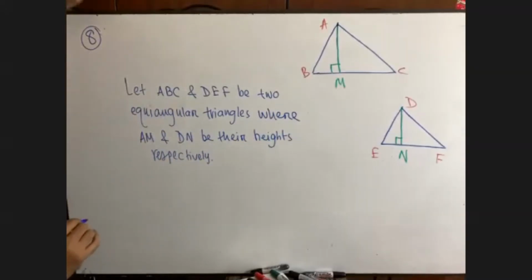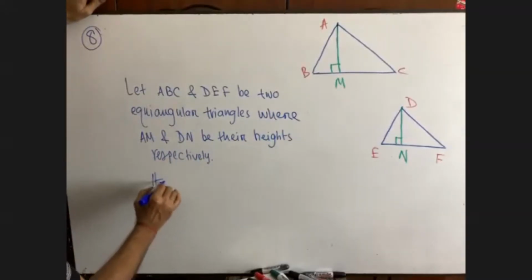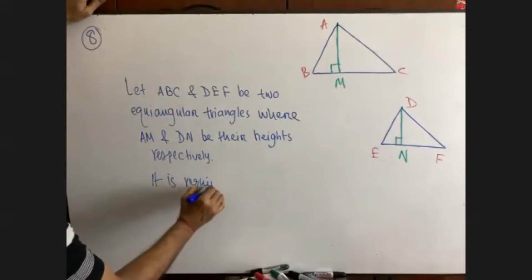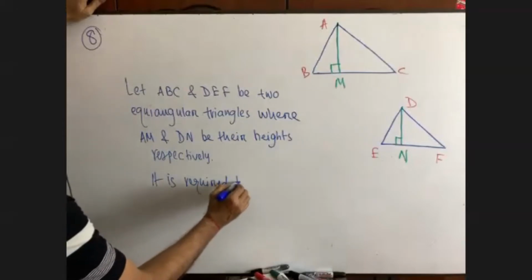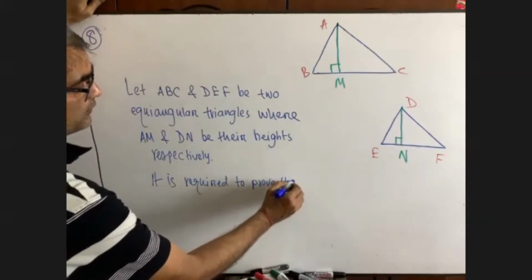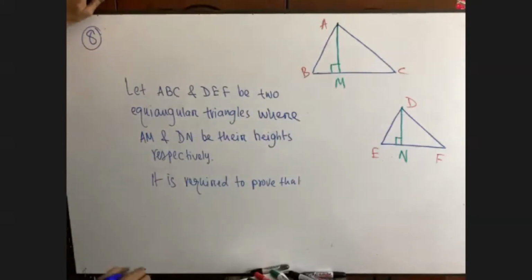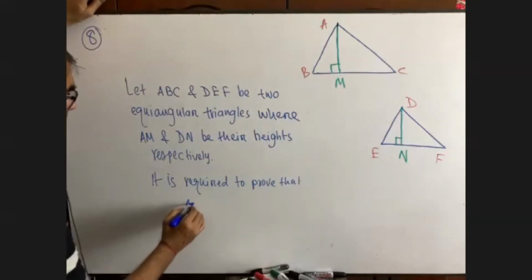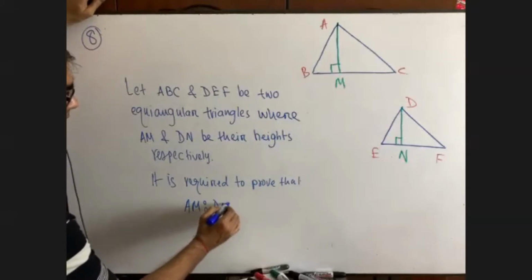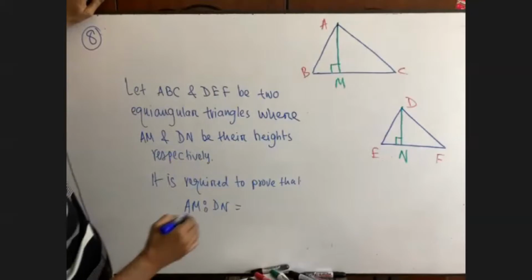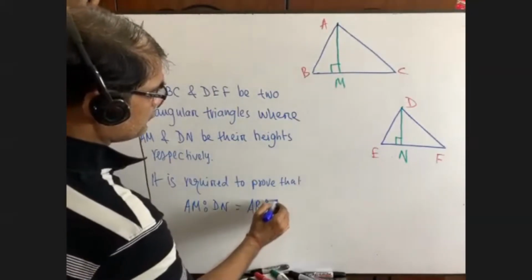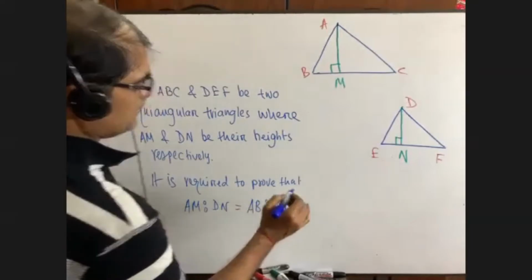It is required to prove that AM is to DN is equal to AB is to DE.